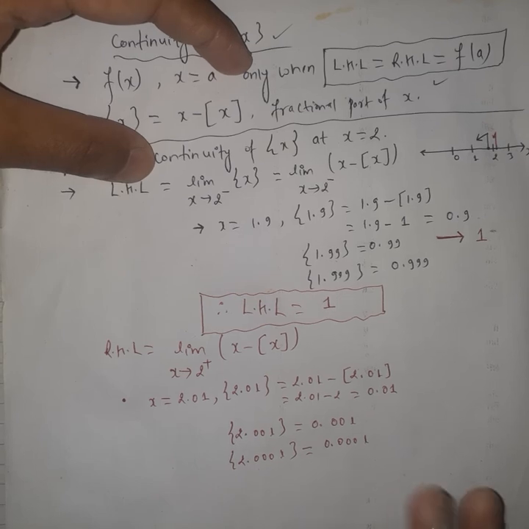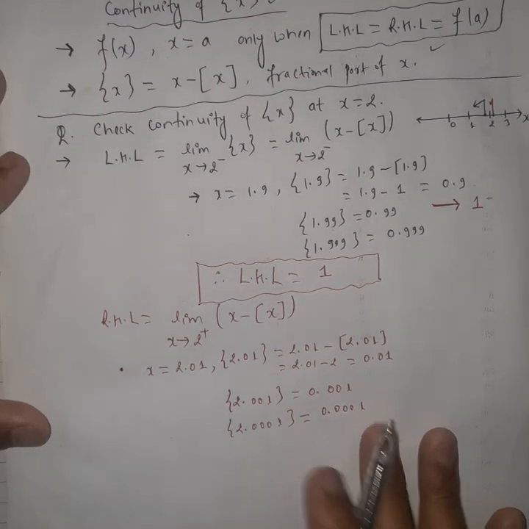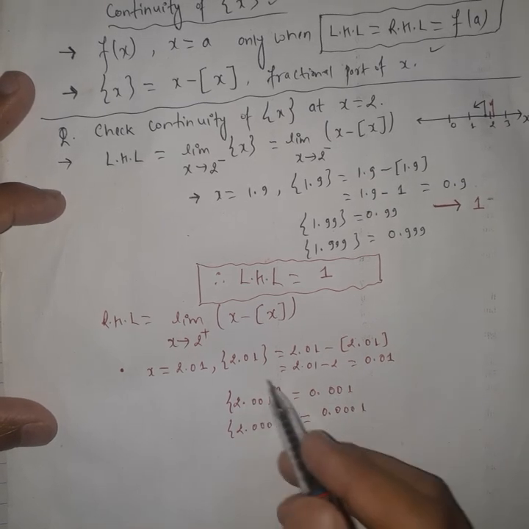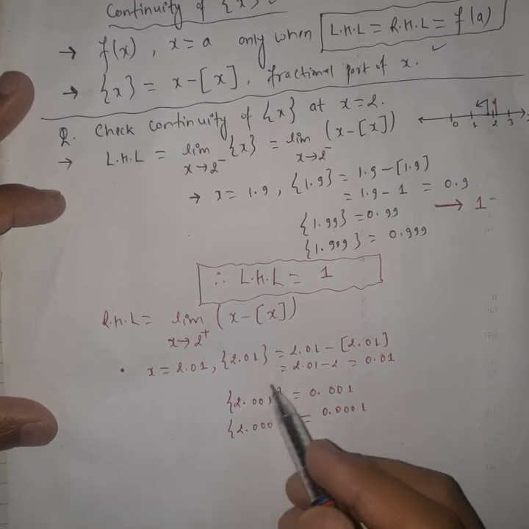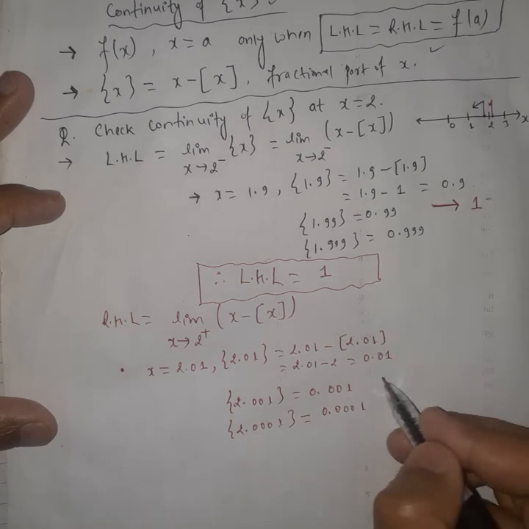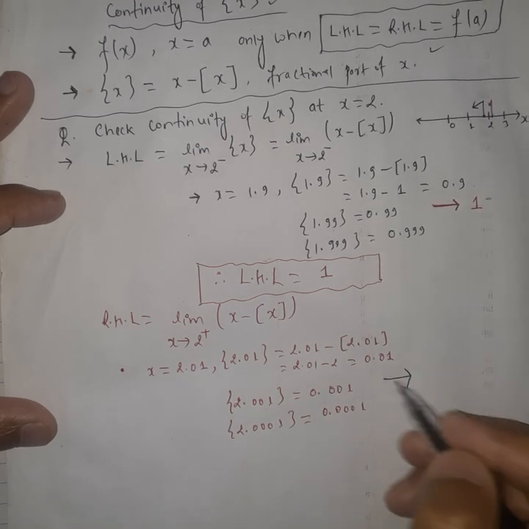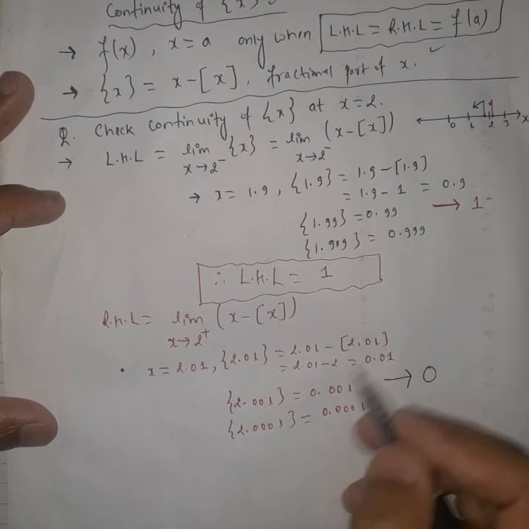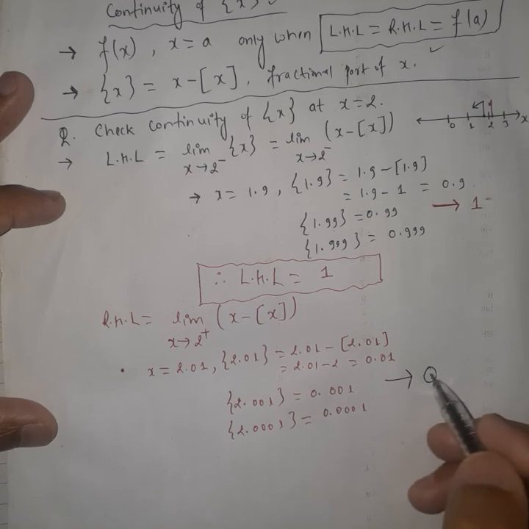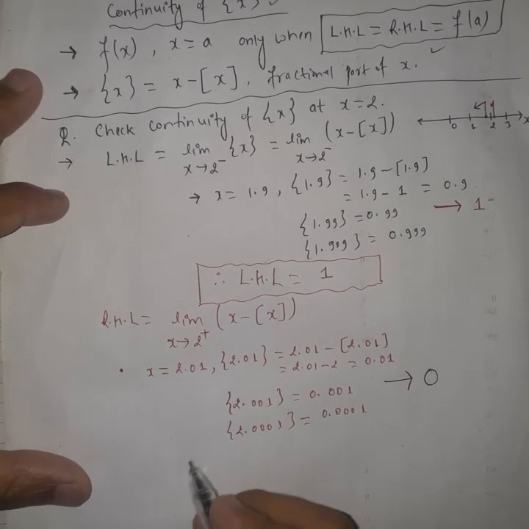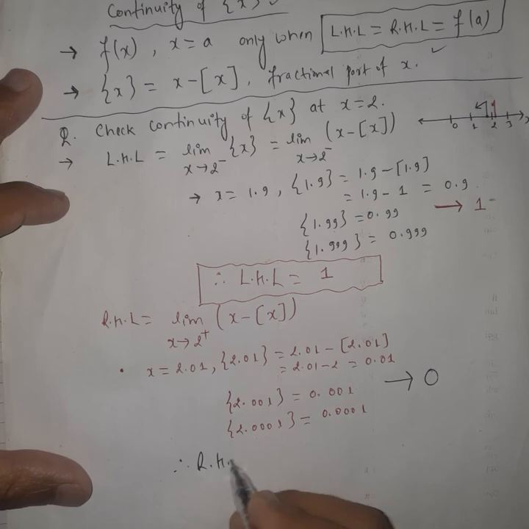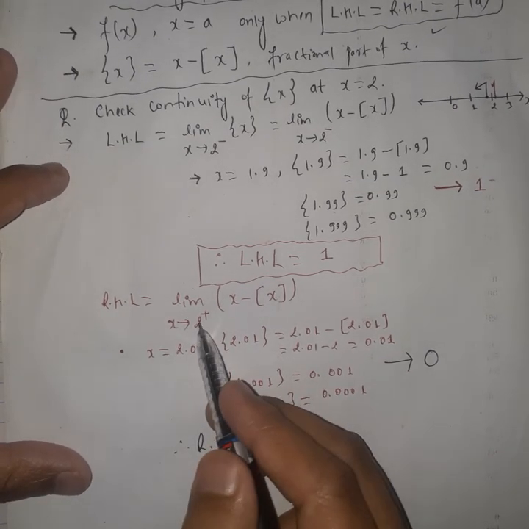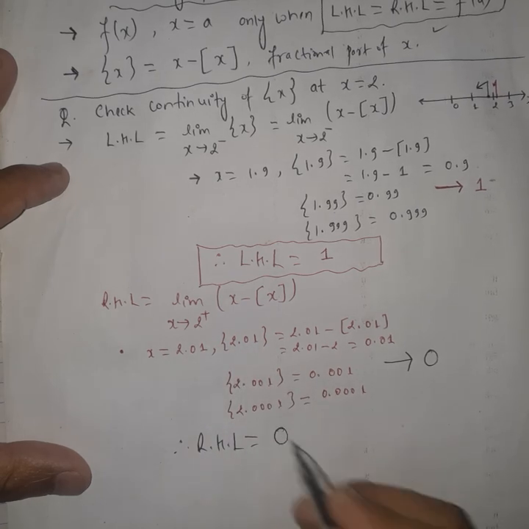From these calculations, we can conclude that all the fractional part values approach the number 0. One value is 0.01, which is close to 0. All the values are approaching the number 0. So the right hand limit for the fractional part function at the point x equals 2 is calculated as 0.